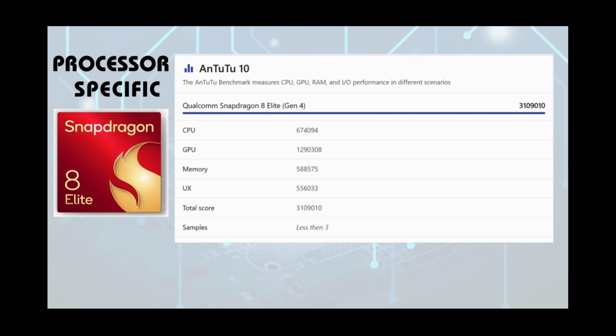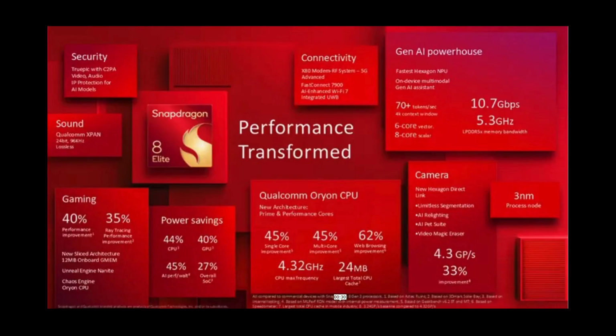So we can see what they have improved in their 8 Elite compared to the previous processors. They have improved security and sound quality, with lossless sound at 96 kilohertz, 24-bit. In gaming, they have improved performance by around 40% over their previous marks.